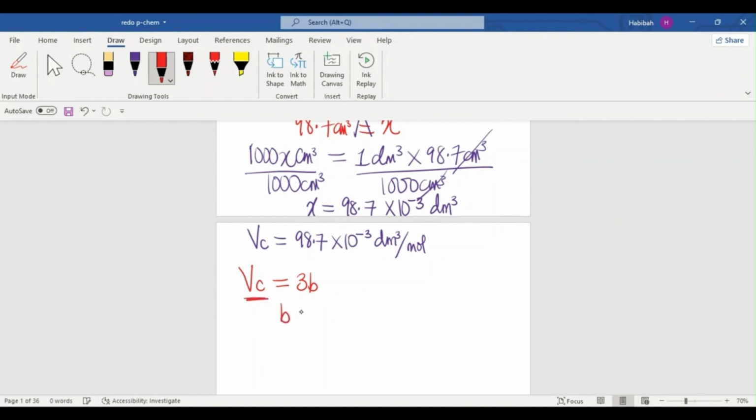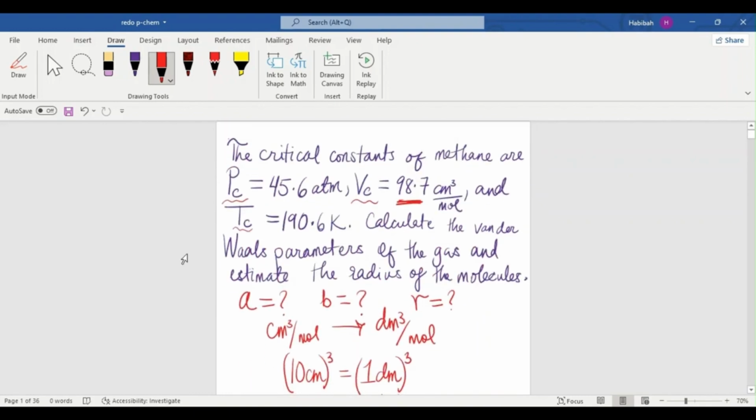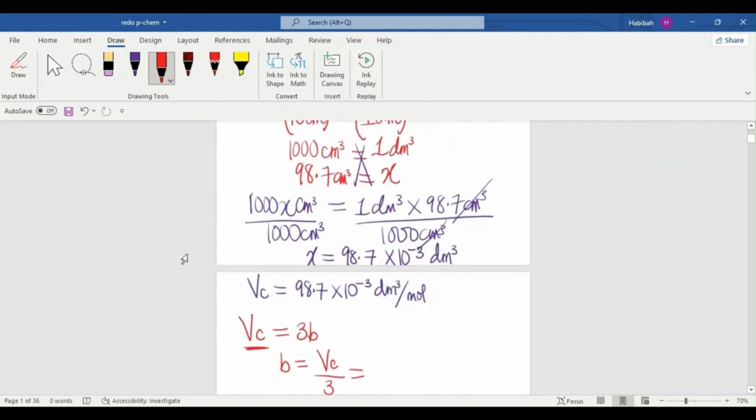Finding B, we're just going to have B is equal to VC divided by 3. We know what our VC is because we've been given it in the question. VC is 98.7 times 10 to the power negative 3 decimeter cube per mole. So we're going to have 98.7 times 10 to the power negative 3 decimeter cube per mole divided by 3.